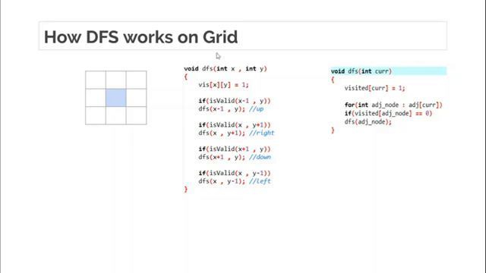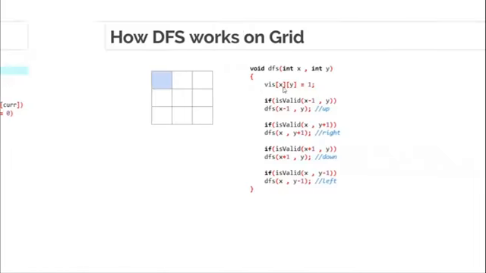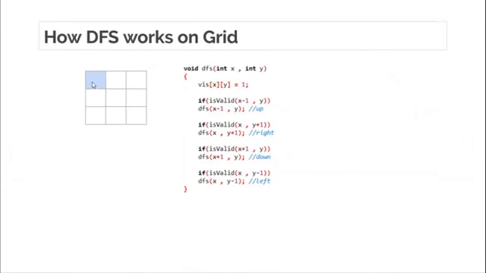This is how DFS works in a 2D grid. If I show you an example, suppose we made a DFS call to cell 11. You mark cell 11 as visited, and blue color shows the status of visited or unvisited. Blue is visited, and the white colored cells are unvisited. So you try to go up. The is valid function will return false because there is no cell directly above you.